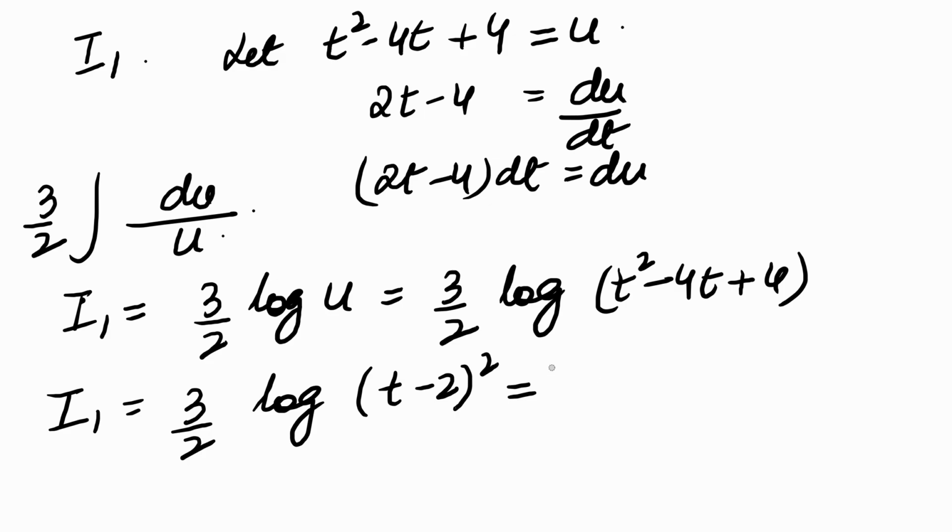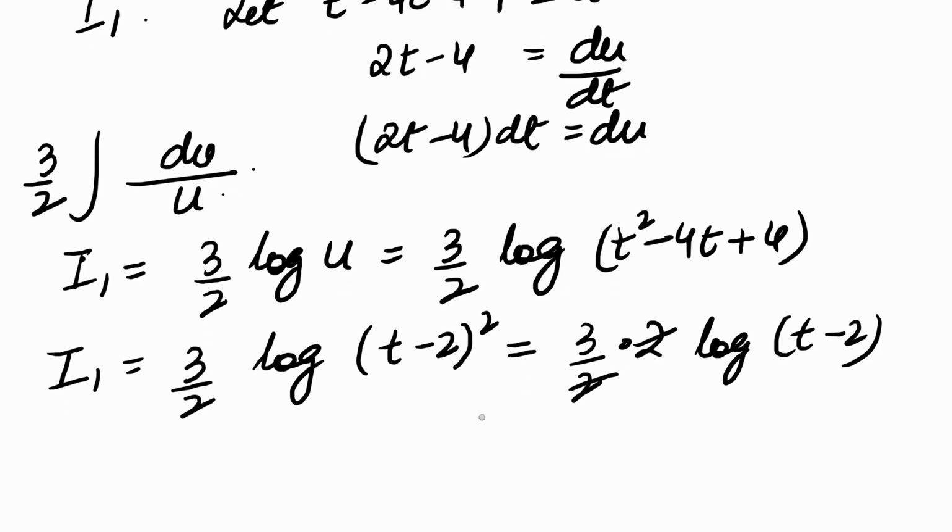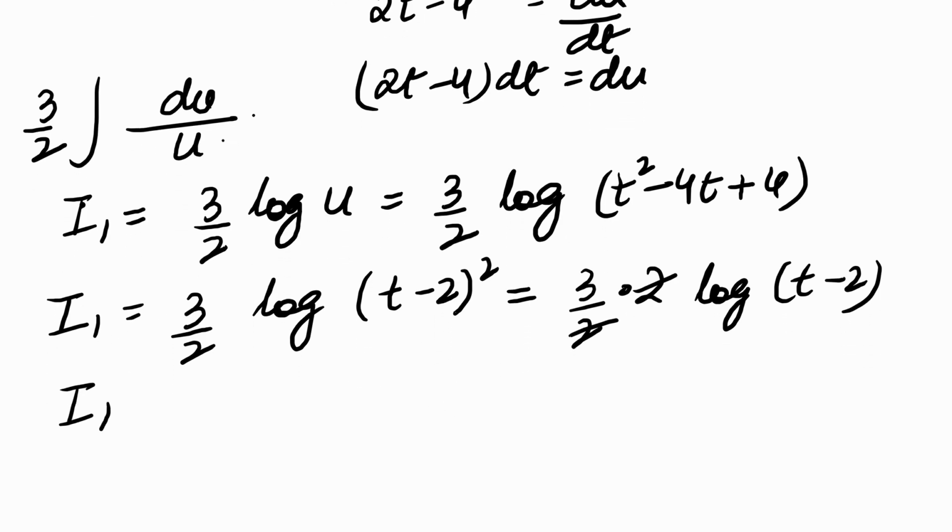Now the square will come out as the power, 3 by 2 into 2 log t minus 2. This will cancel out and we will be left with I1 is equal to 3 log t minus 2.